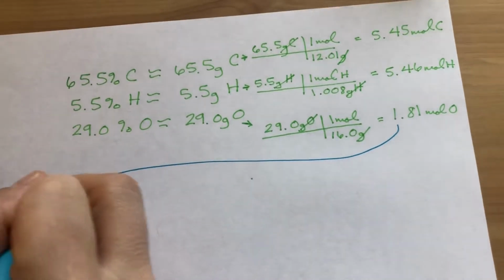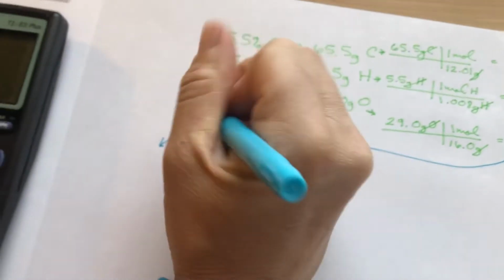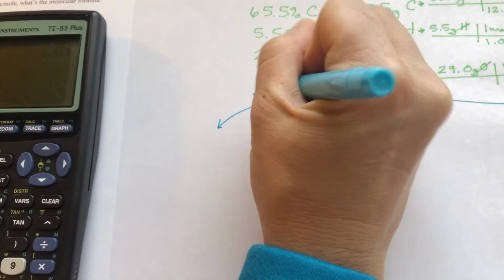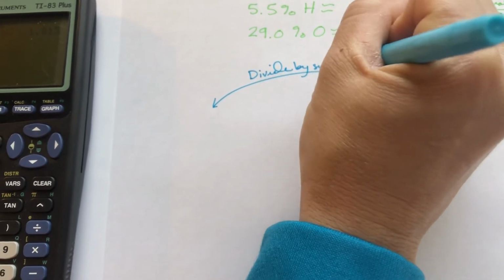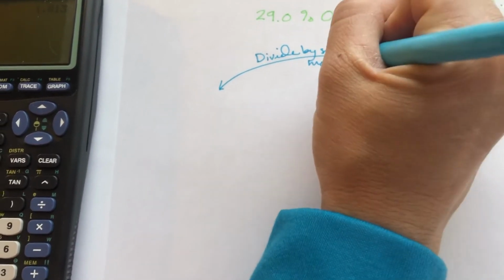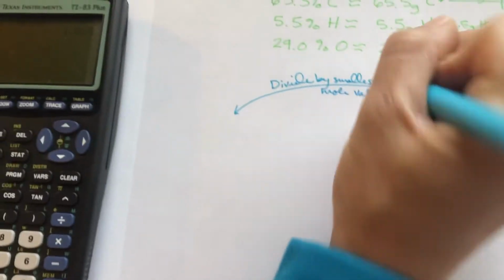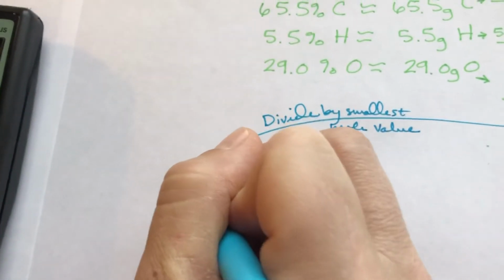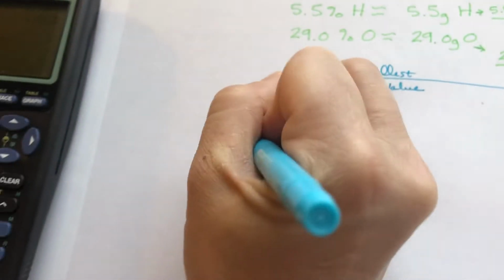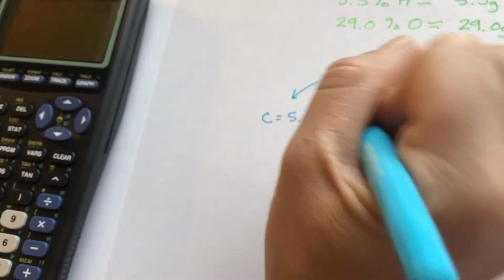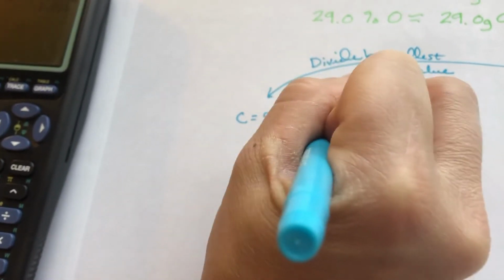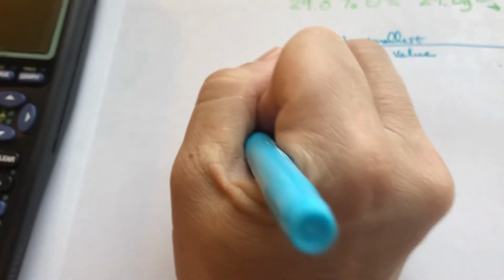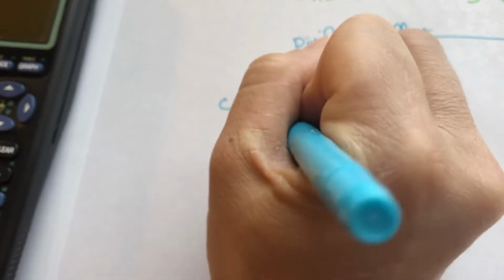So next step is to divide by the smallest mole value. Okay, so for carbon we have 5.45 moles, and I'm going to take that divided by the 1.81 moles.